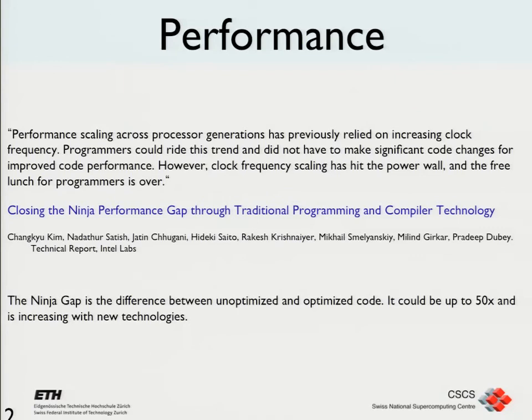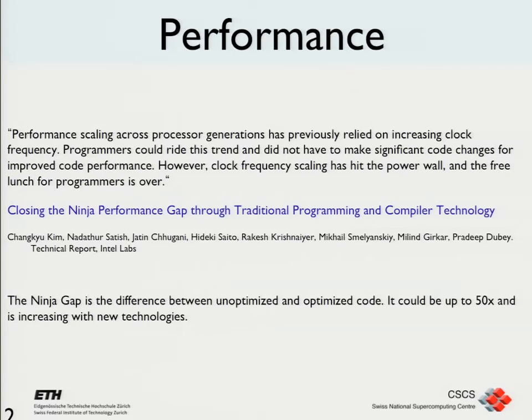This performance gap, you can try to understand by this simple phrase that's given by Intel in one of their papers, which is very nice. If you can try to read it, it's very, very interesting. They claim that performance scaling across processor generations has previously relied on increasing the clock frequency. We talked about this.